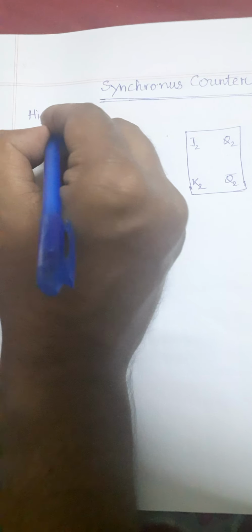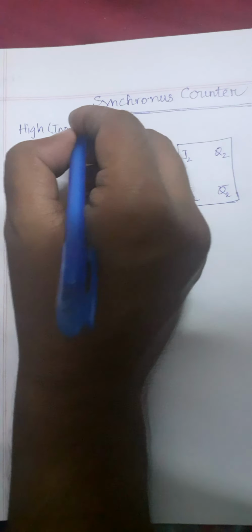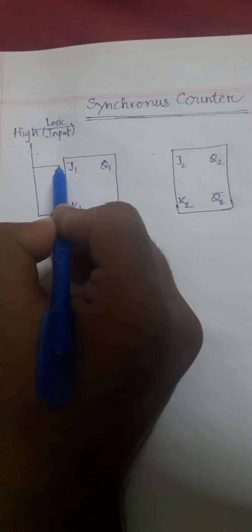Now there is a catch. Let's say we have high input, or high logic, whatever you call it, it's up to you. This high logic is connected to where? Can you tell? Now this high logic is connected to this and this.